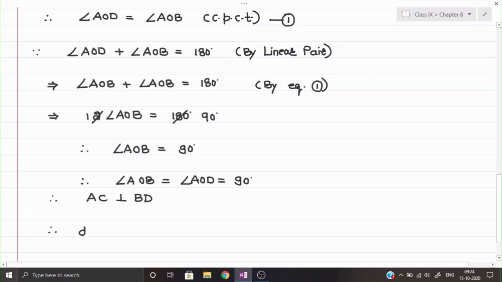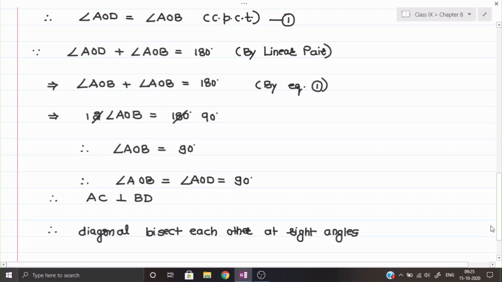Therefore diagonals bisect each other at right angles. Okay, means they are bisecting and they are perpendicular as well.